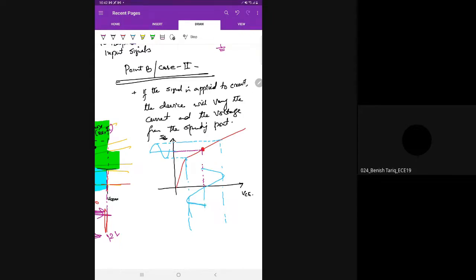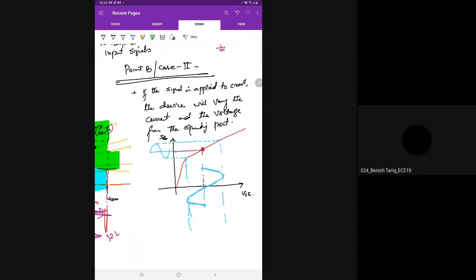Okay, it will result in large variation in VCE. So if the signal is applied to the circuit, the device will vary the current and the voltage from the operating point.